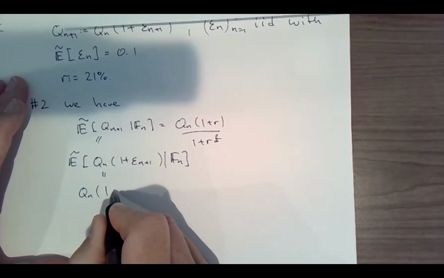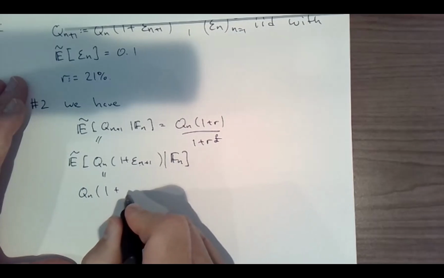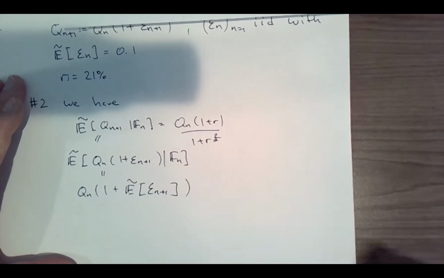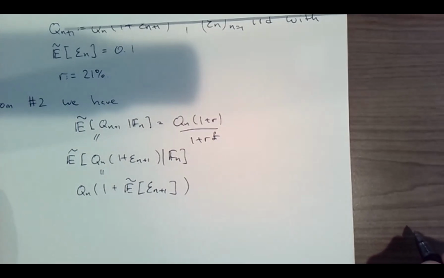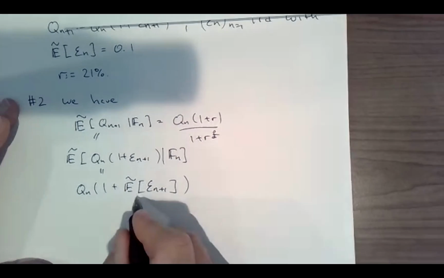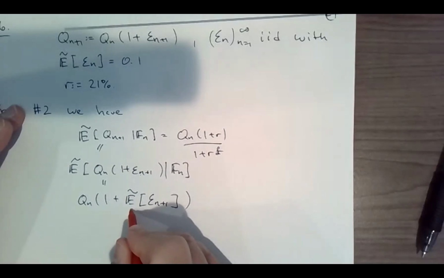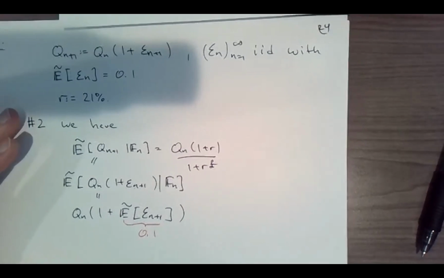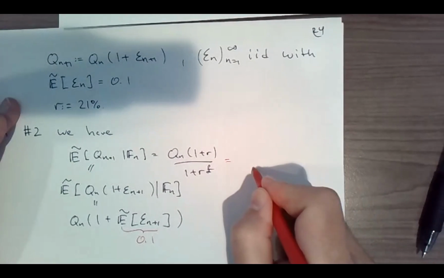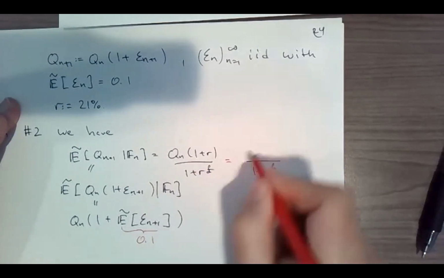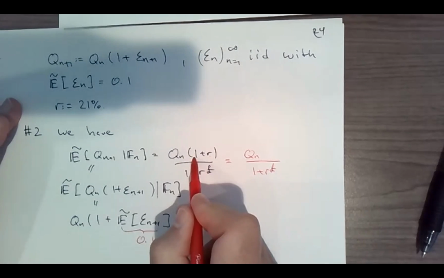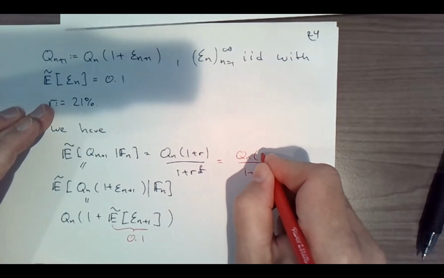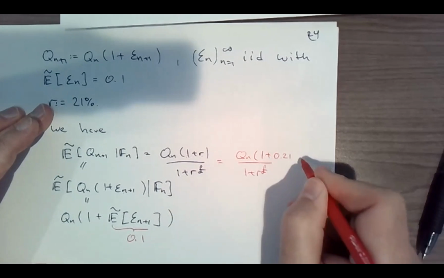And then we'll have 1 plus, and now that's independent, we get the expectation of epsilon n plus 1. And we know what that was. That was 0.1. And we know what this stuff up here was. This was 1 plus r pound. And then you had your qn. 1 plus r was 21%. So this is 1 plus 0.21.